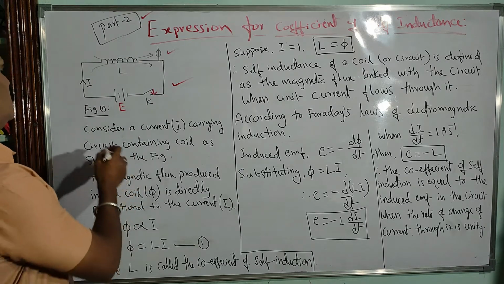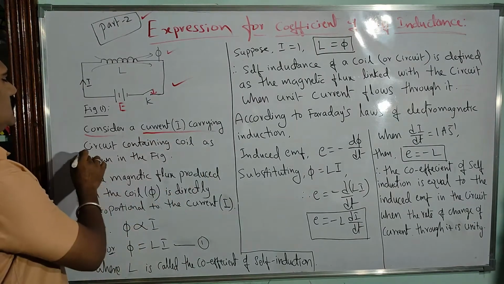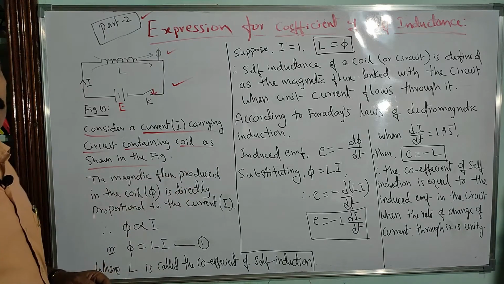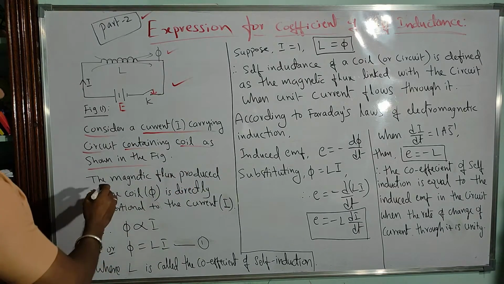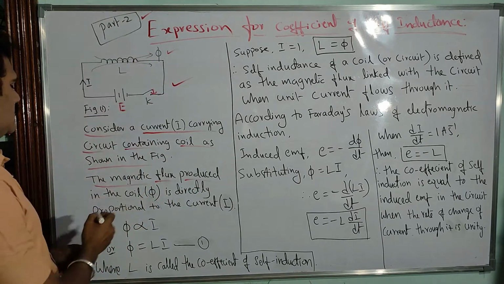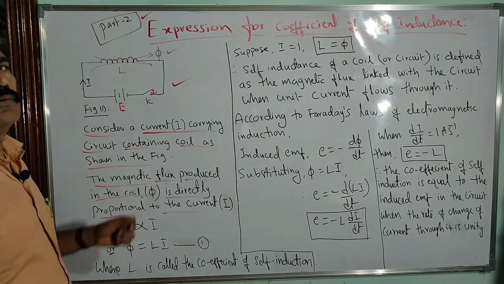Now consider a current I carrying circuit containing a coil as shown in the figure. The magnetic flux produced here is called phi, and it is directly proportional to the flow of current.